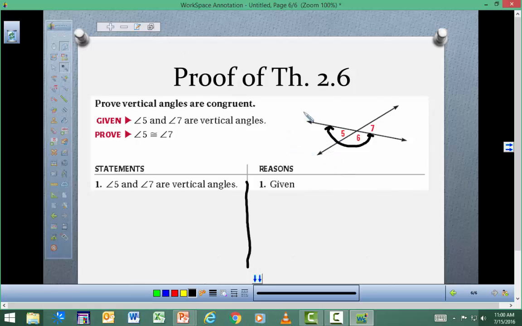And we were just told, not theorem 2.5, it was that postulate, on the previous slide that linear pairs are supplementary. So that means that they add up to be 180 degrees. Well, guess what? We have another linear pair going right here. And so we know from that last postulate that those also add up to be 180 degrees.